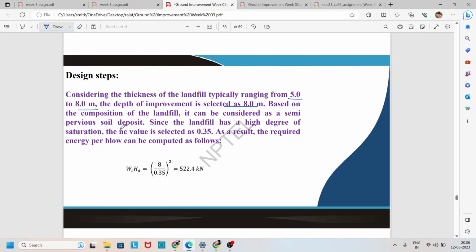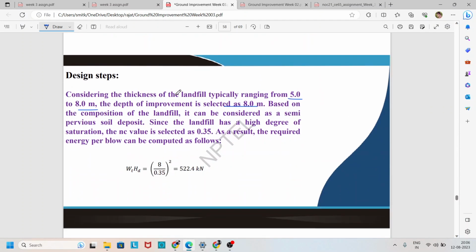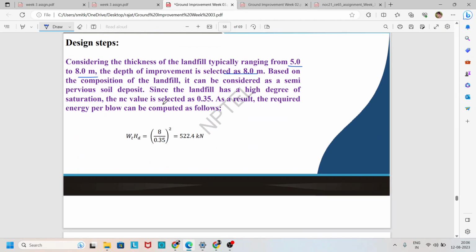By degree of saturation, it is said to be a very high degree of saturation, and the field is also fine-grained soil. By that we can find the n value. So the n value here is taken as 0.35 based on the high degree of saturation and the type of soil, which is landfill.